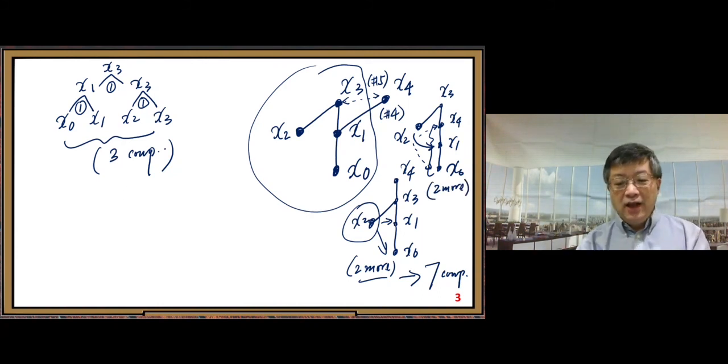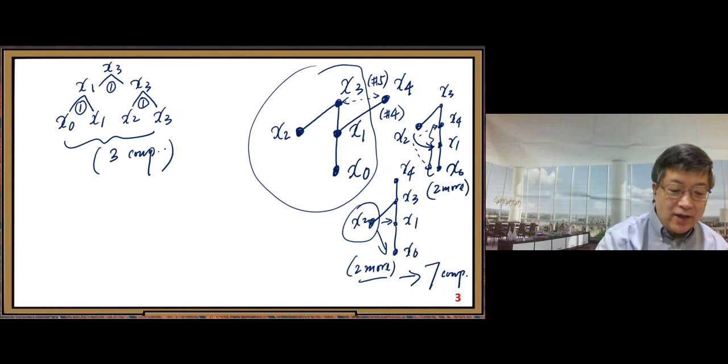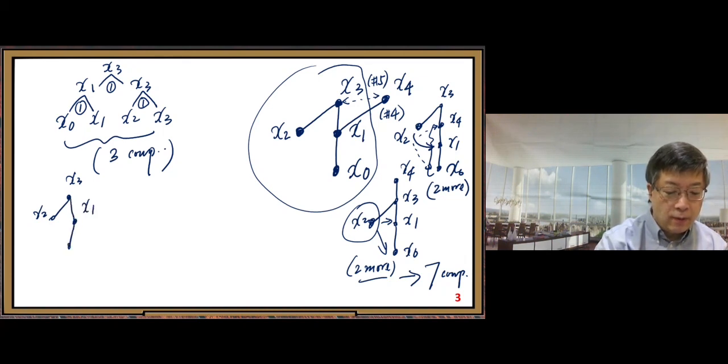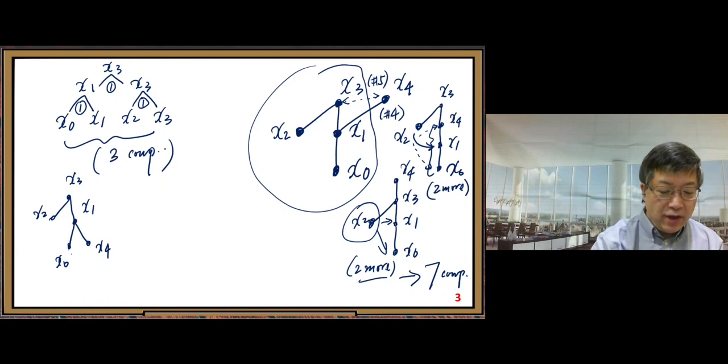Then, because there is another case we need to consider, that's why it is complicated. So x3, x2, x1, x0, x4. Then we need another comparison, number 5 here.